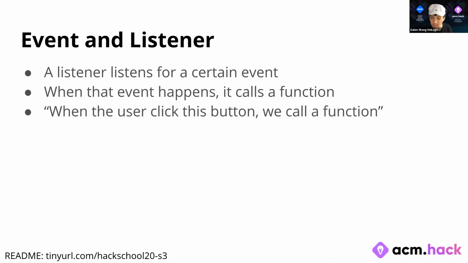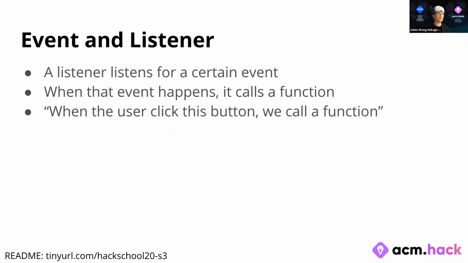So a listener and events together, we can react to user interaction, right? Because we can use the listener to listen to a certain event and then react to it by calling a function, and the function can change the colors or change some contents on the page to react to user interaction.